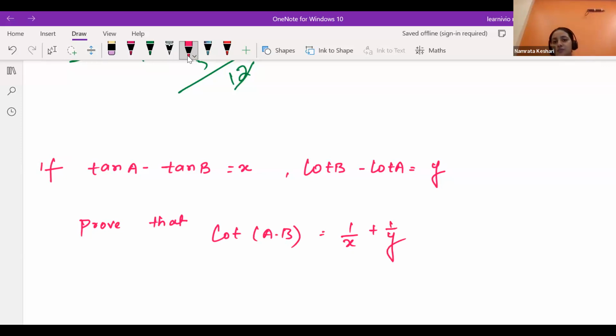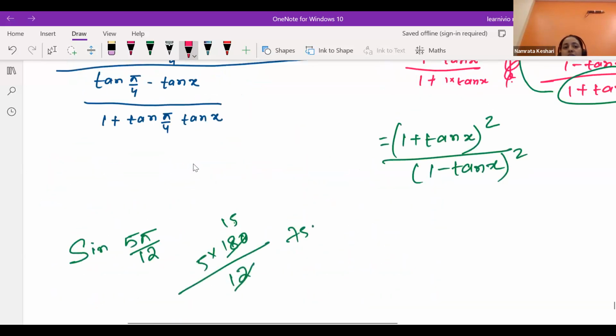Let's try doing it. Just now we have realized that there is a formula for cot(A minus B). Let's use that, and then we can put in the values.